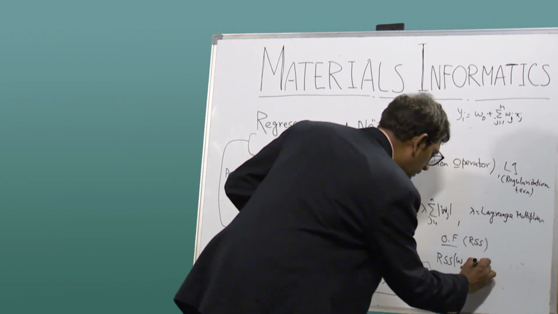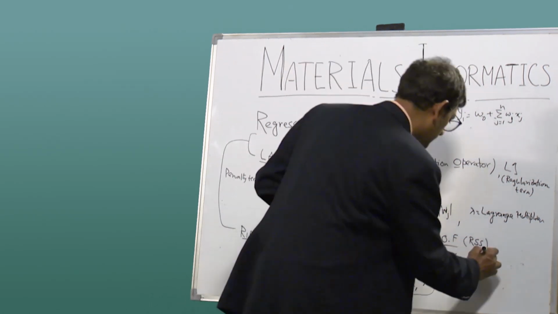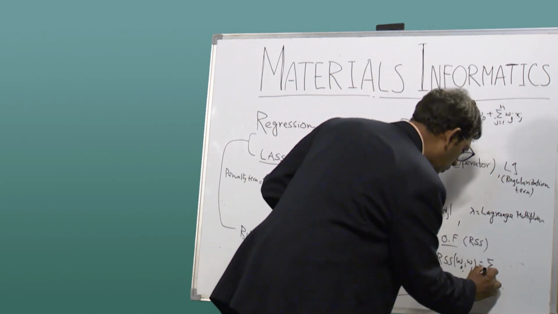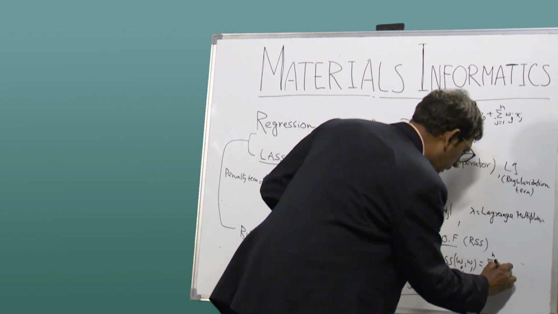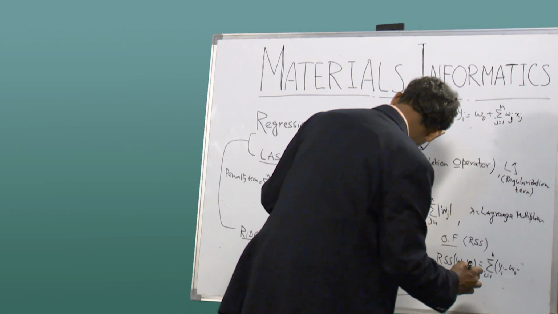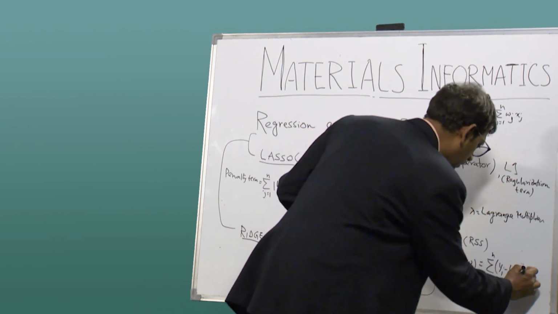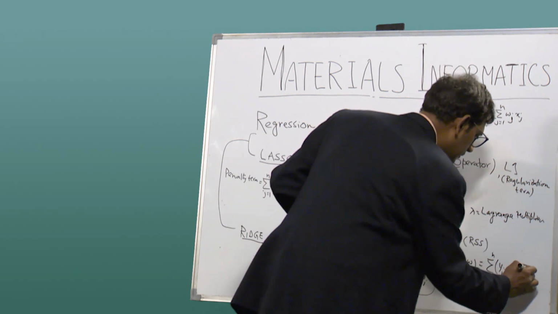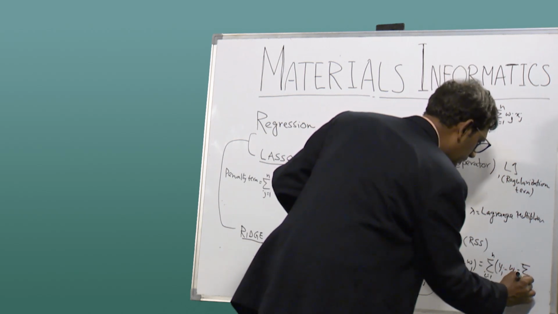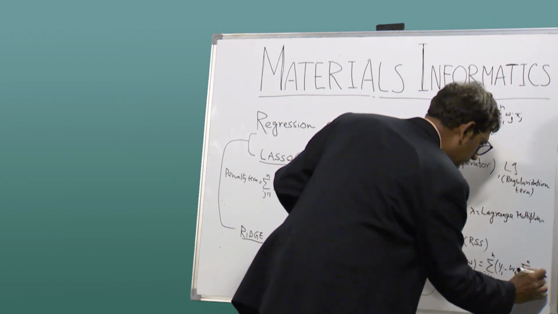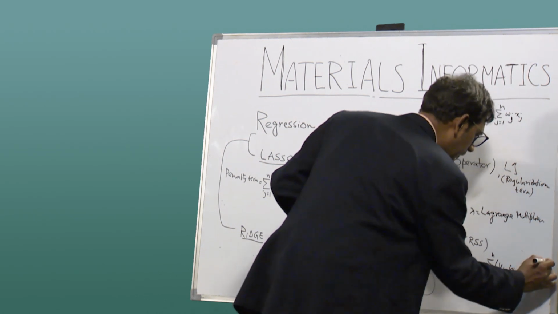That is nothing but the sum over i equal to 1 to n of yi minus w0 minus, if you are using many w's, the sum over j from 1 to n of wj xij, square.